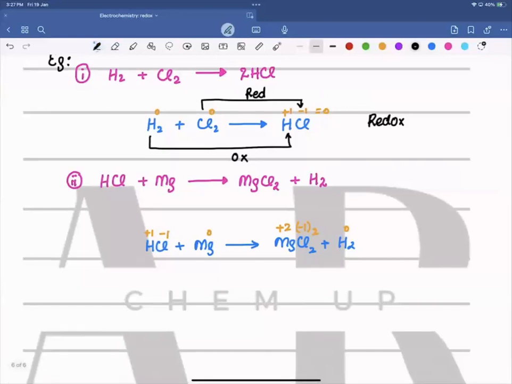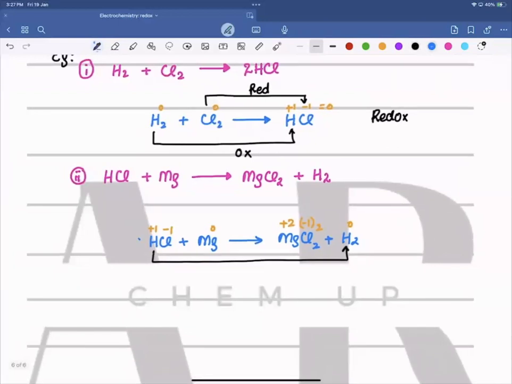Yes, sir. Okay, so here you can easily see that the hydrogen's oxidation number decreases. So it means hydrogen is basically reduced over here. Hydrogen undergoes reduction.